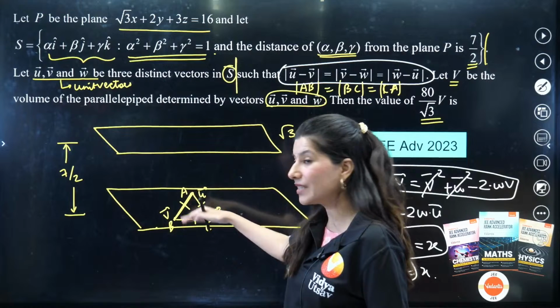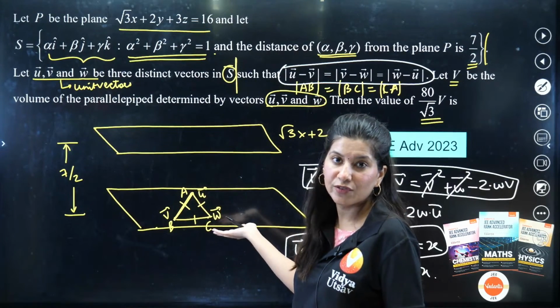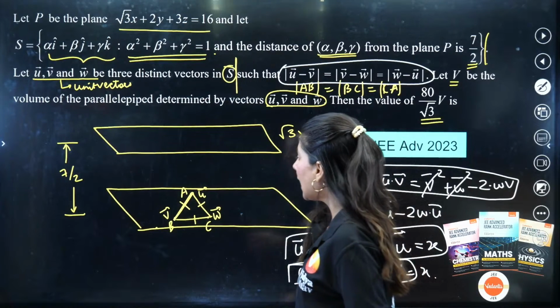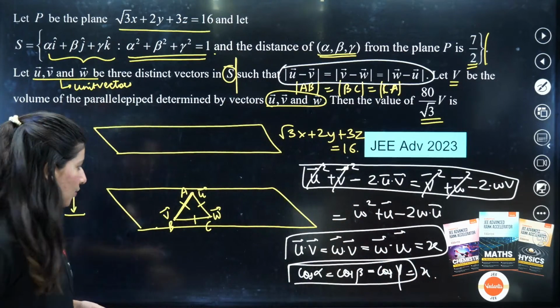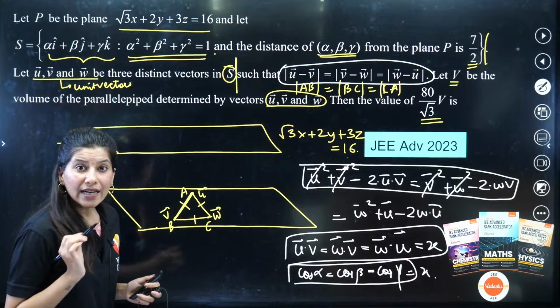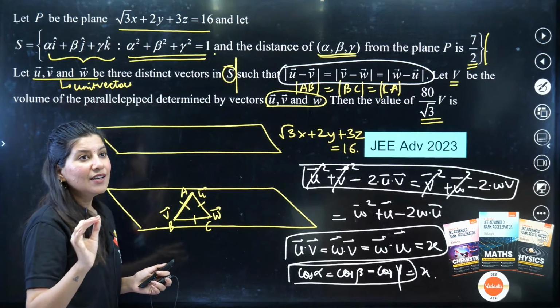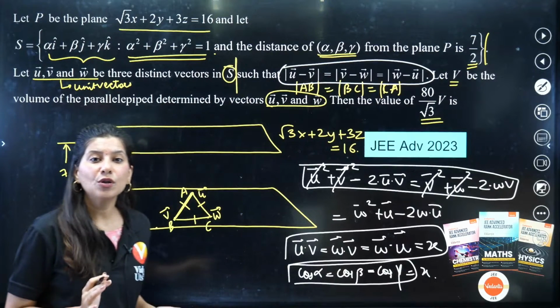So UVW, this equilateral triangle which we were talking about, is lying in this plane. We are looking for X. To get X, we need to be very aware of the geometry involved.